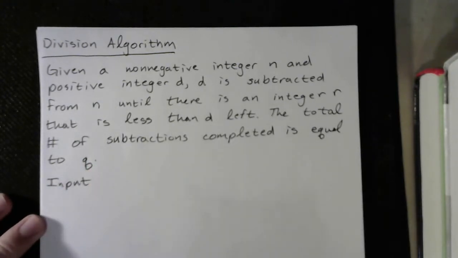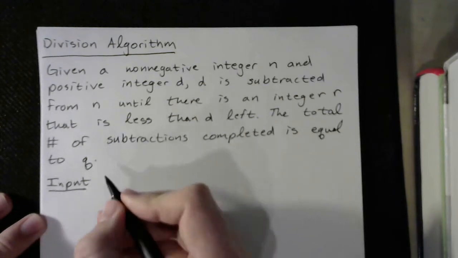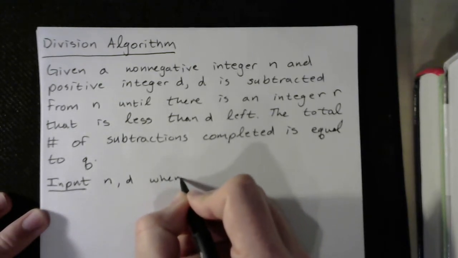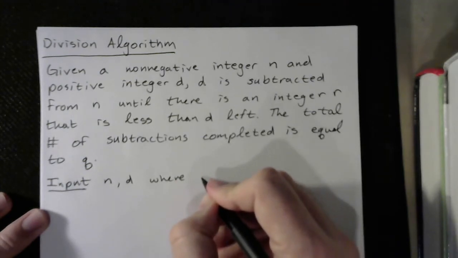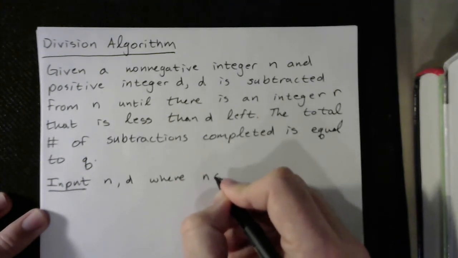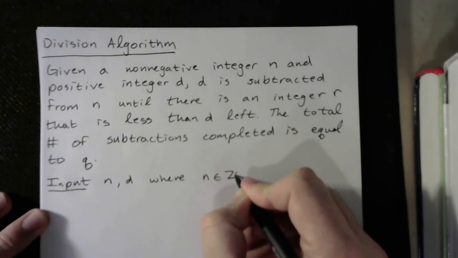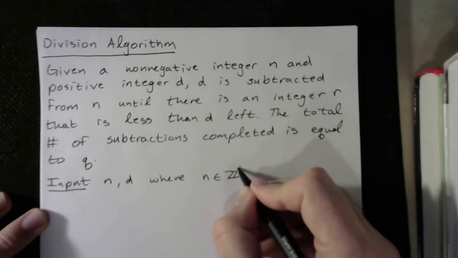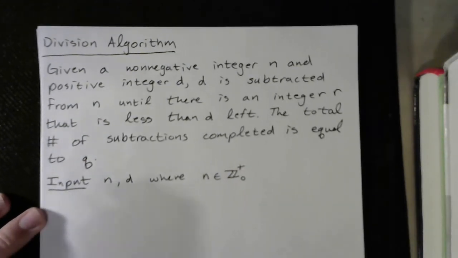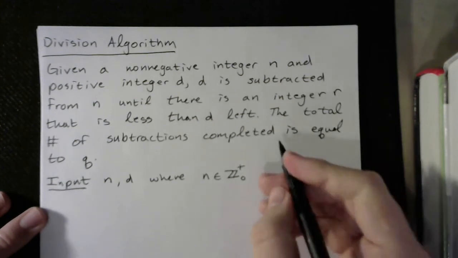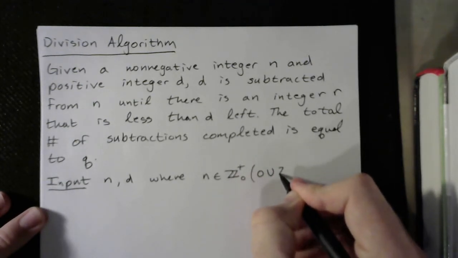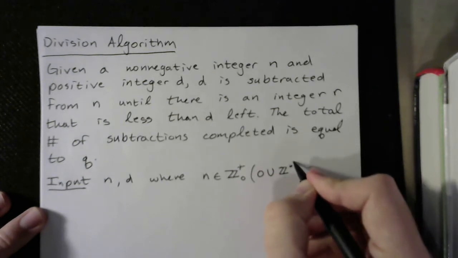So continuing the formal version, our input, n and d, where n is in Z sub 0 with a plus. You can think of this as the positive integers with 0 attached. So this is 0 union the positive integers.